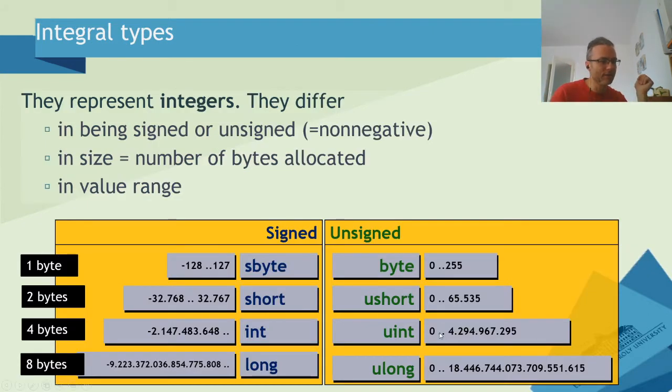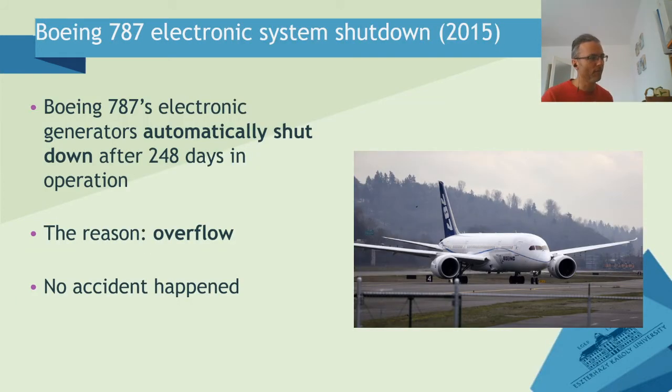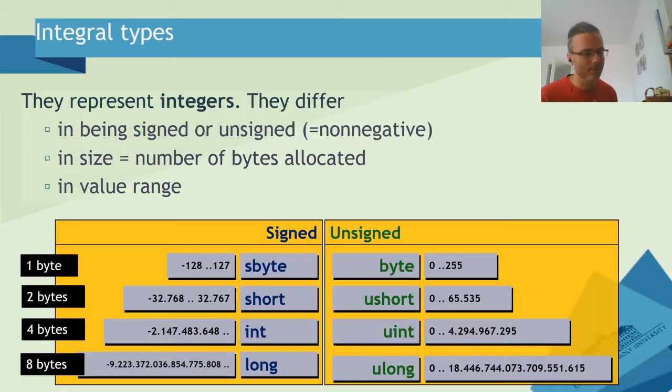Of course we don't have to go to the negative range if we calculate time. So why didn't he or she use uint? Or even better, just use ulong. Why not? With ulong, the range is so huge it would take very long for the system to overflow. So it really matters what type you use in your programs.